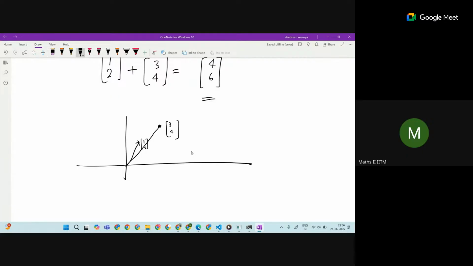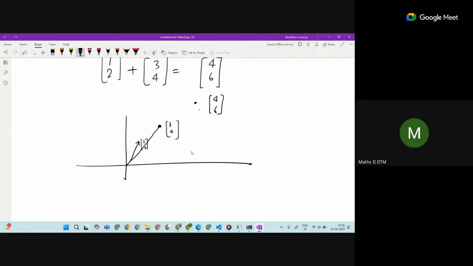So somewhere 4 6 is going to be here. This is the vector you get if you add these two. This is how the parallelogram law works.